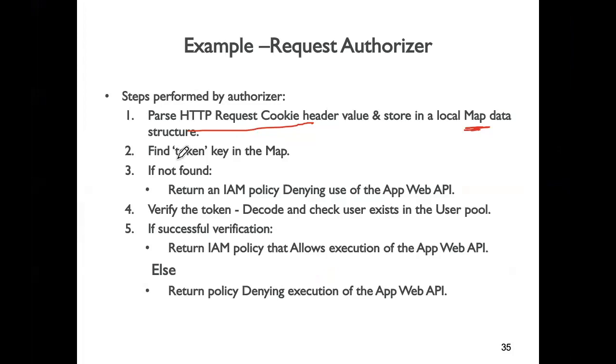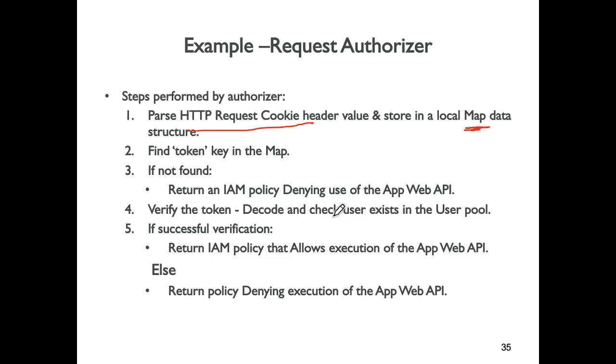So it checks, first of all, to see, is there a token in the cookie? If there isn't, then return an IAM policy that denies access to the rest of the flow of control, if you like. If there is a token, then verify the token. And I showed you on the website there, verification means decode it and then check to see is the user's name that's included in the token one of the users that's in my user pool?